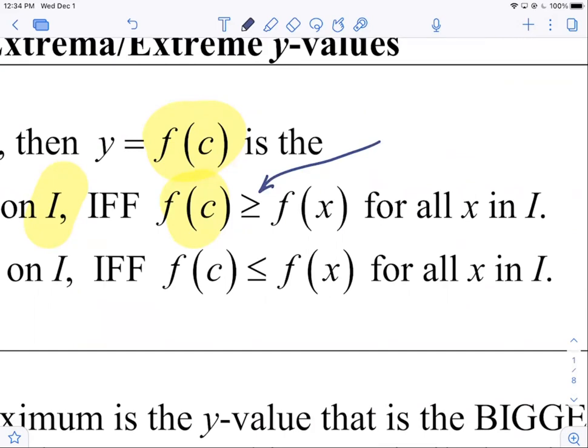So notice we don't say it's the biggest y value, the tallest y value. We say greater than, which means biggest or tallest, but we also say equal to, which leaves the door open for one special type of circumstance. But for the most part, it's going to be easy to tell if it's the biggest y value because it has the largest magnitude, or the largest value on the interval.